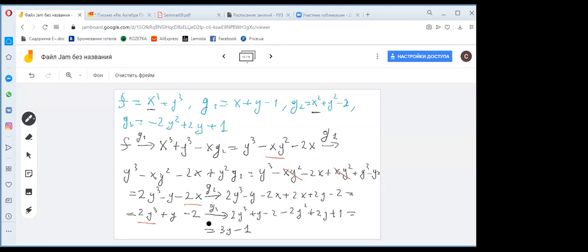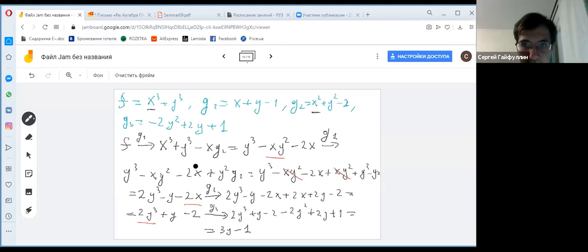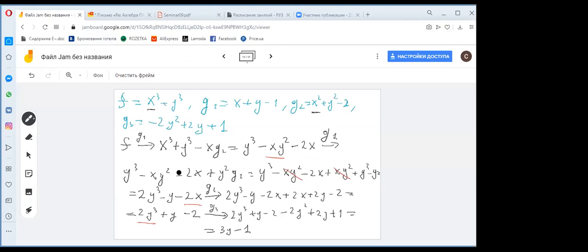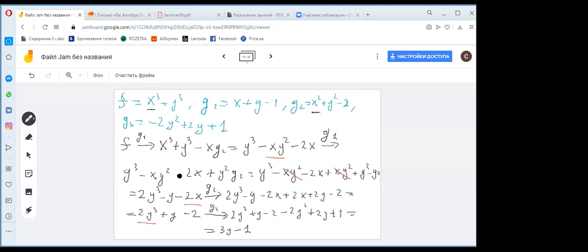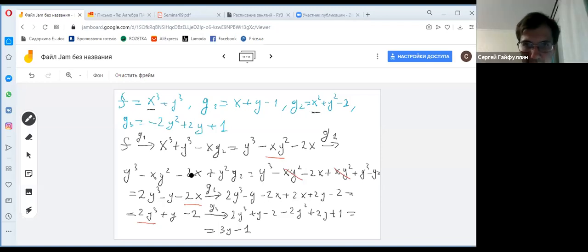Shouldn't it be in the first reduction plus 2x? Yeah, it should be. In the very first one. y cubed minus x y squared plus 2x. There is minus minus. I think about it. I'm sorry.